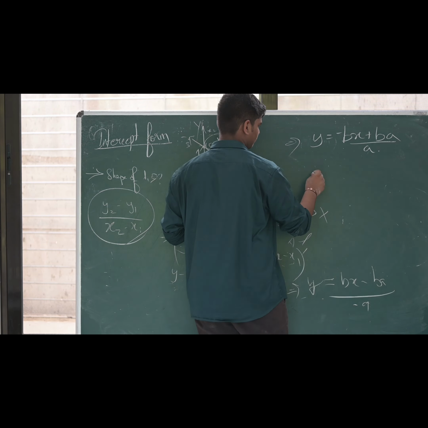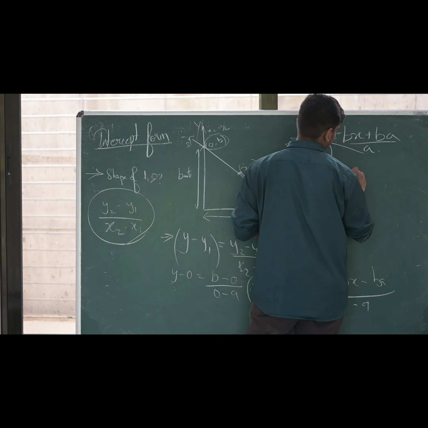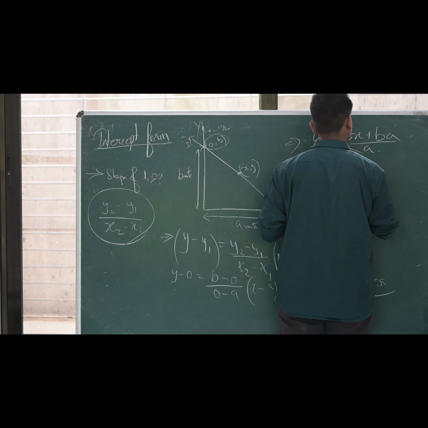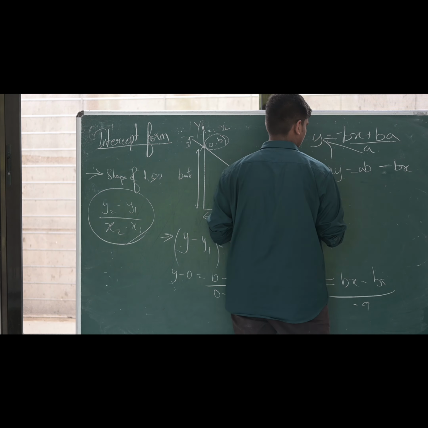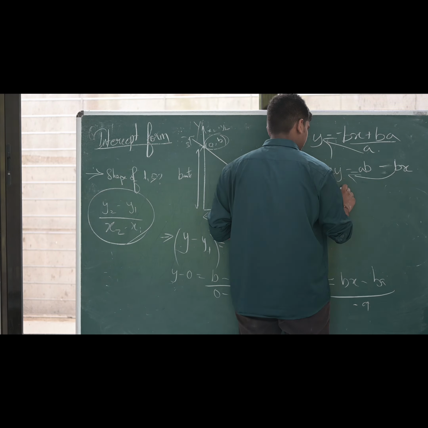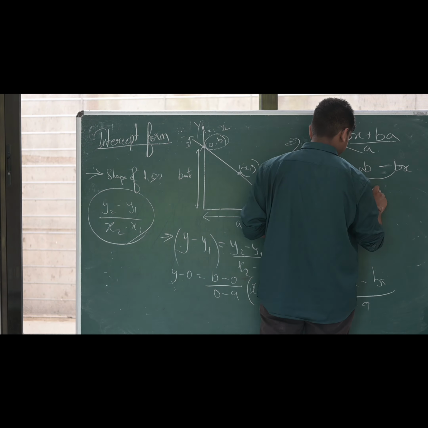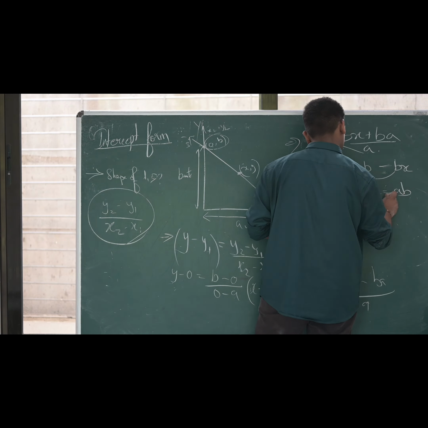Now, ay is equal to ab minus bx. Taking this to the right hand side, ay plus bx is equal to ab.